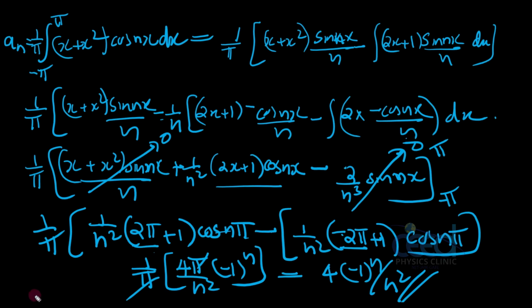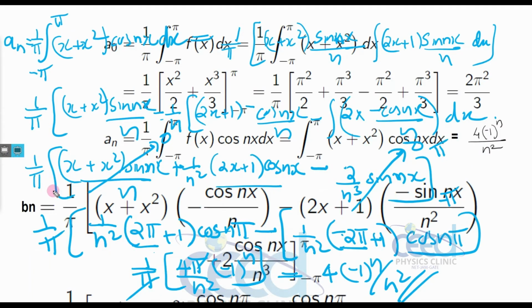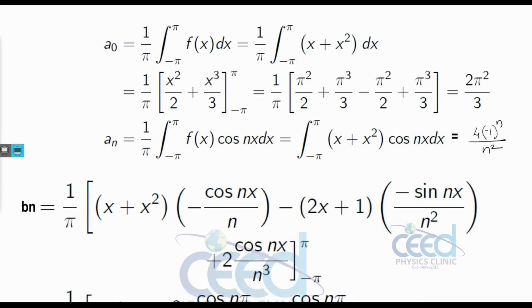Once you get the an value, then we can solve the bn value. So let me come to the main board. Here we have solved the an value, that is 4 into minus 1 raised to n divided by n square. Now similarly we can solve this bn. What is bn? bn is equal to 1 by pi.